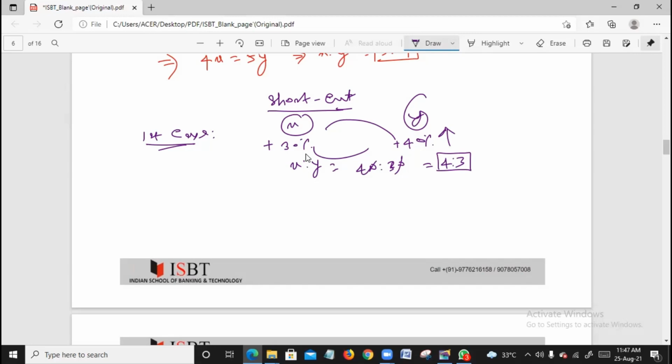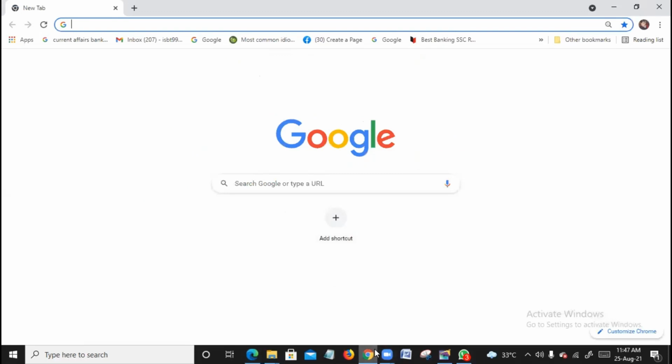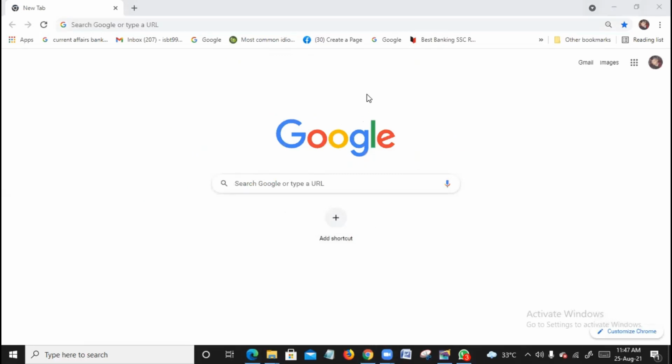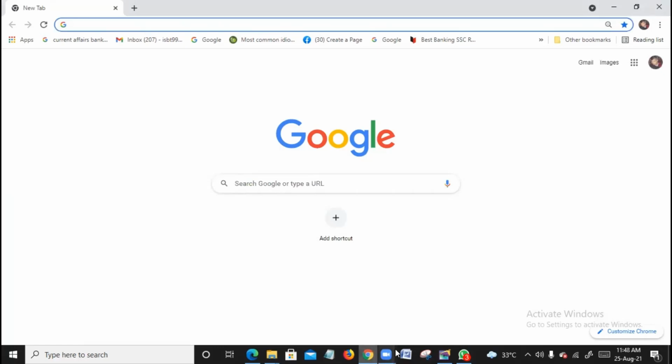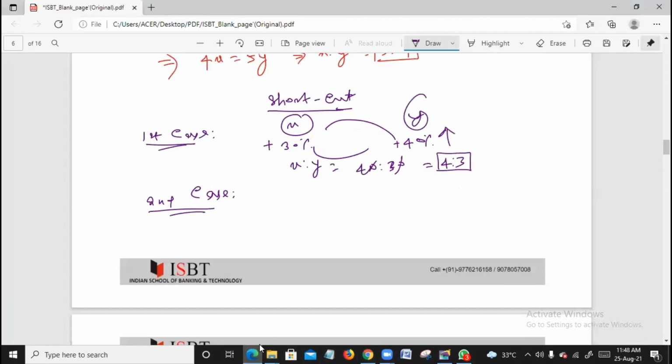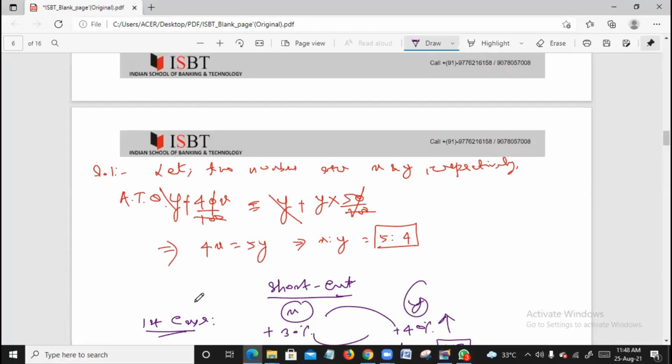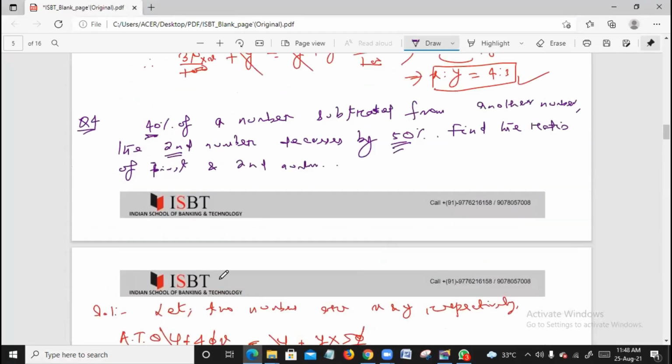Okay, in the second case, dear students, you see 40% of a number subtracted from the another number.